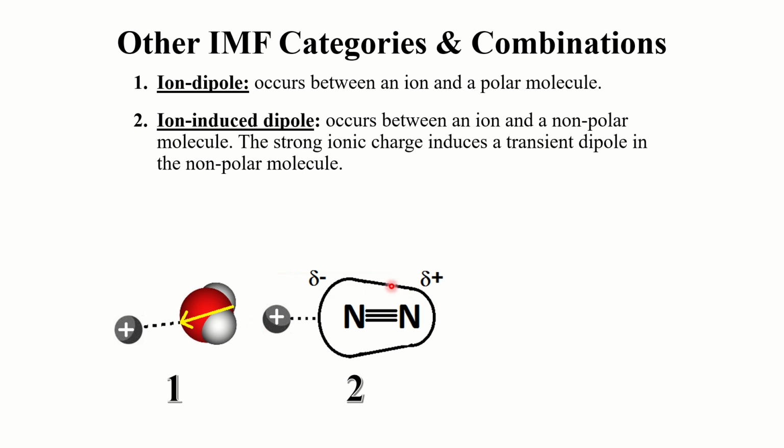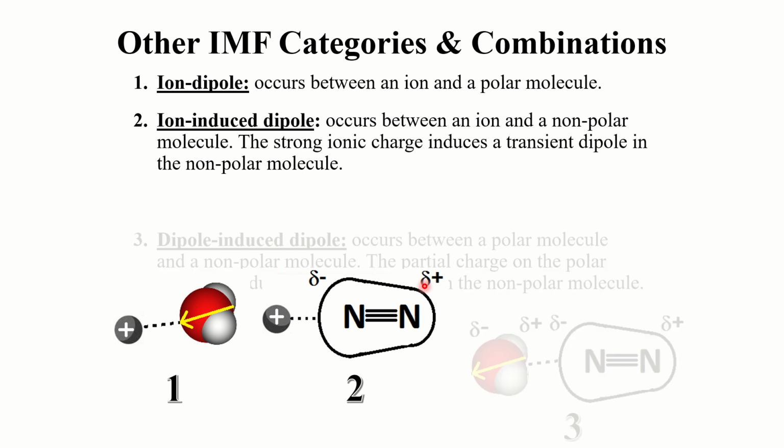So some more electrons would migrate to this side of the molecule because they're attracted to the positive charge. This forms a temporary partial negative charge, or temporary dipole, on the N2. Partial negative charge here and partial positive charge here.